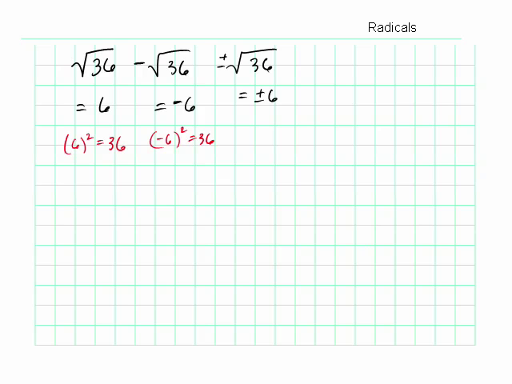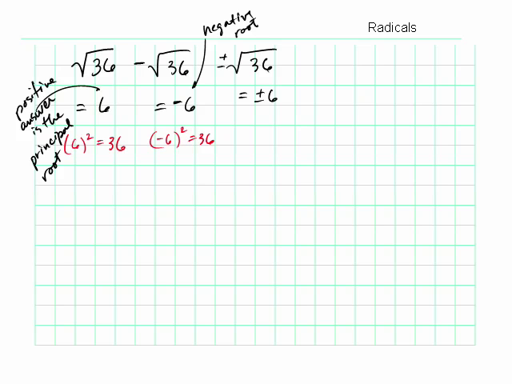The positive answer is what's called the principal root. And this one is the negative root. So square roots actually have two answers, a positive and a negative, but usually we just want the positive answer.